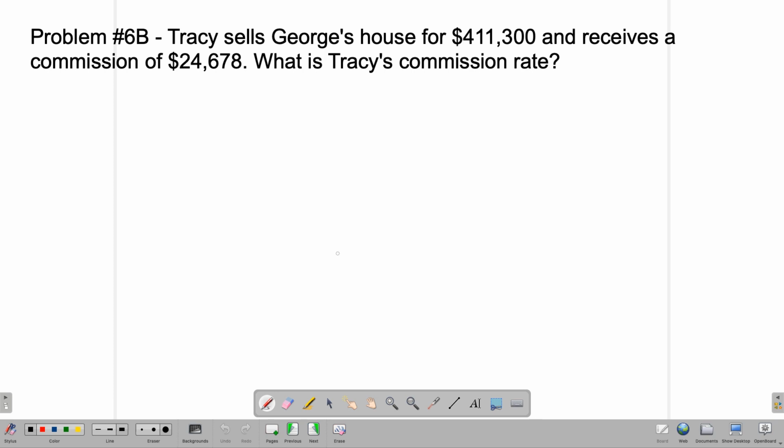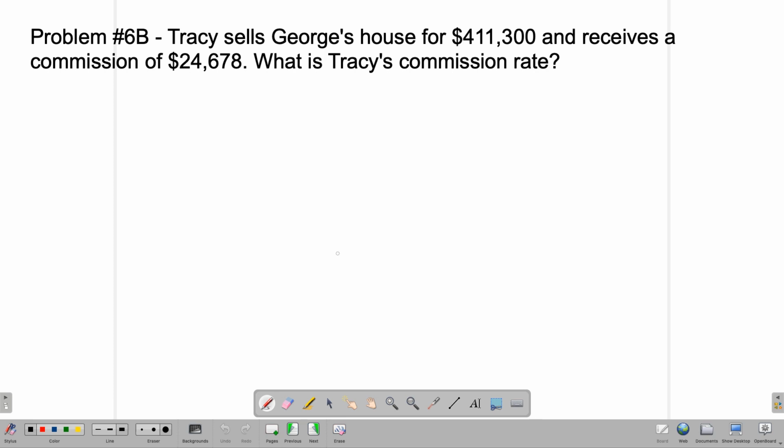The last problem we solved for commission. So we used the part equals rate times base, and we showed how to compute the commission, or the part. In this case, we have the commission, we have the sales price, and we want to figure out what is Tracy's commission rate.